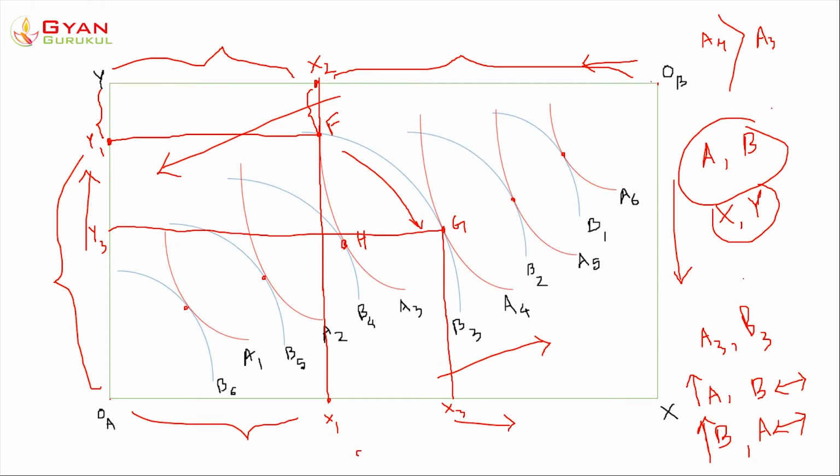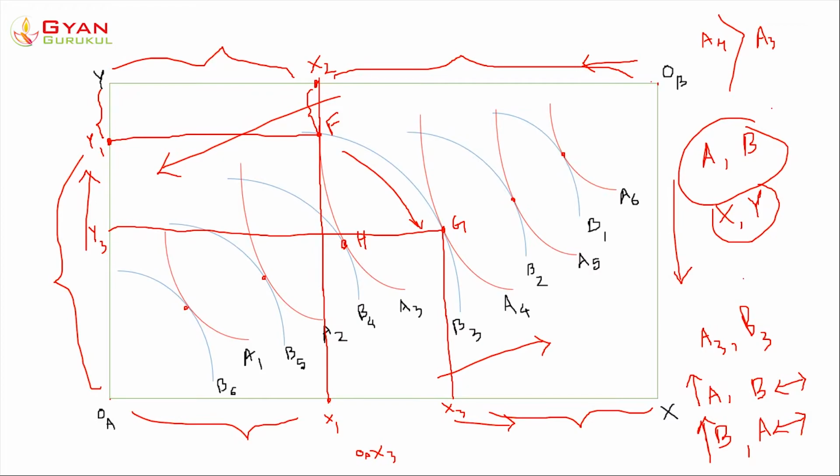It is consuming OA X3 amount of commodity X. And how much is B consuming? B is consuming X3 X amount of commodity X. That means this amount, X1 and X3, that was previously consumed by consumer B is now exchanged to, or transferred to, consumer A.